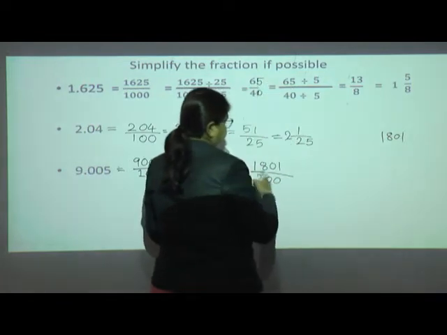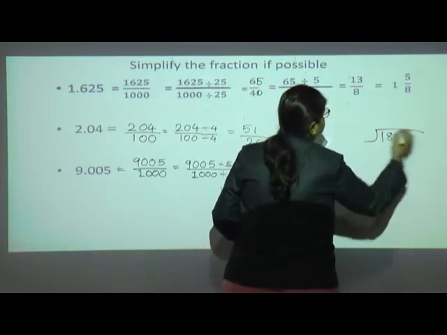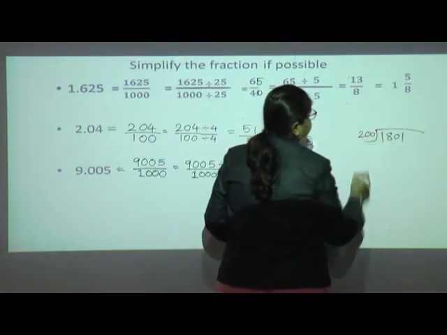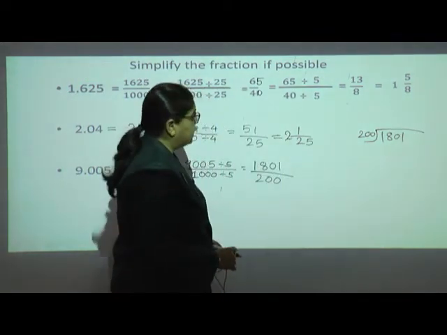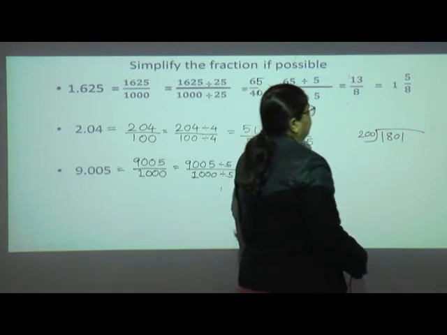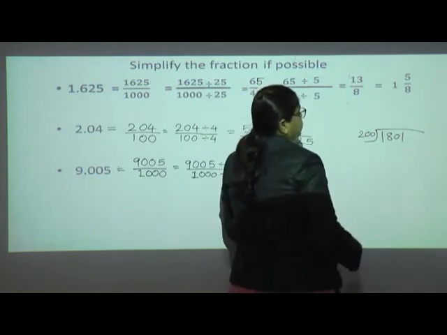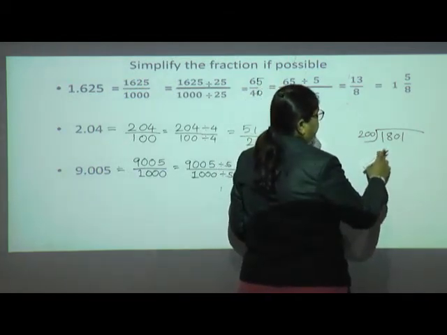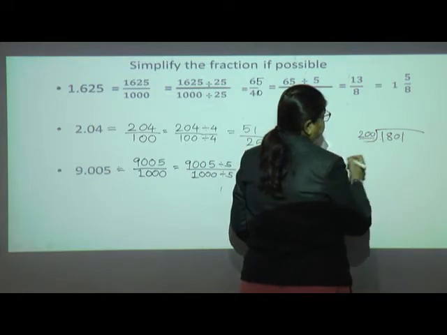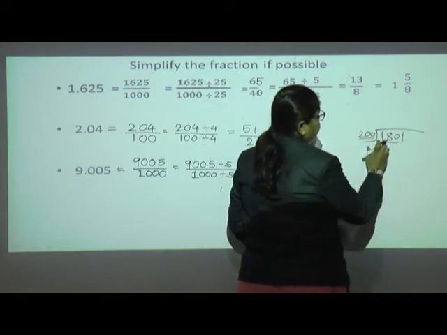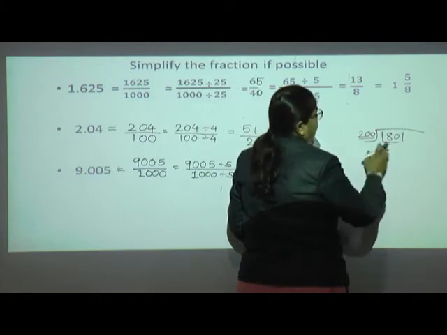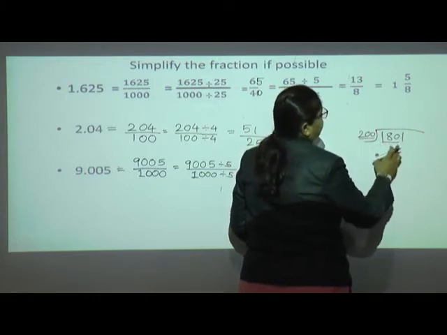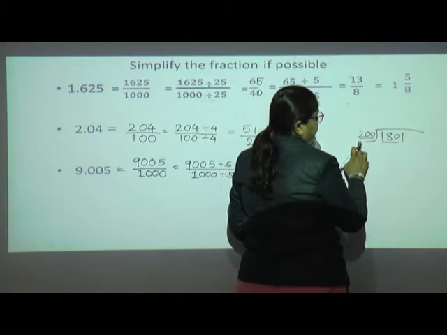That is 1801 divided by 200. Now this division is very easy, and if you don't understand, I will explain in detail. Here we are having 3 digits. We have to first consider 3 digits. Is it possible? No, because we have 180 here and 200 here.